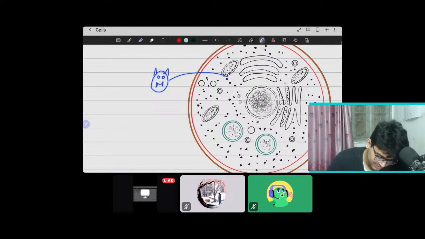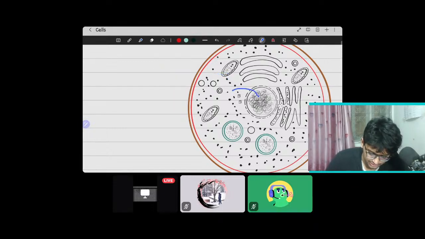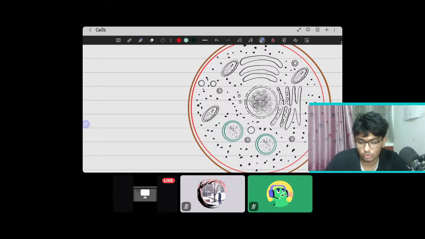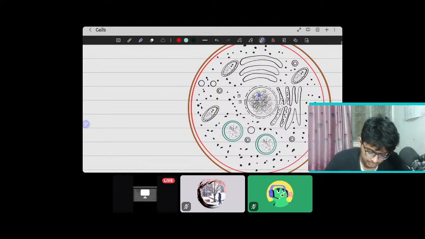It enters the cell and goes inside the nucleus and takes control of the nucleus, and makes the cell do dirty things for it. So this specific virus has taken control over the cell completely, because it goes inside the nucleus.